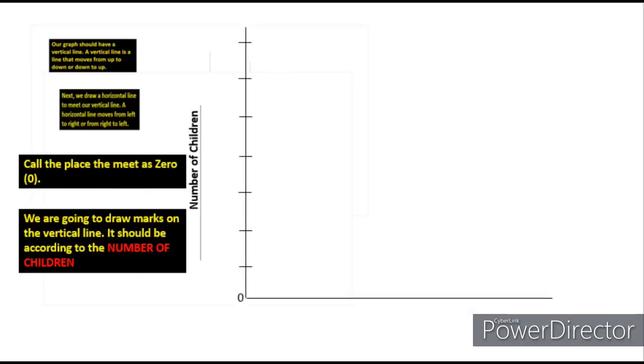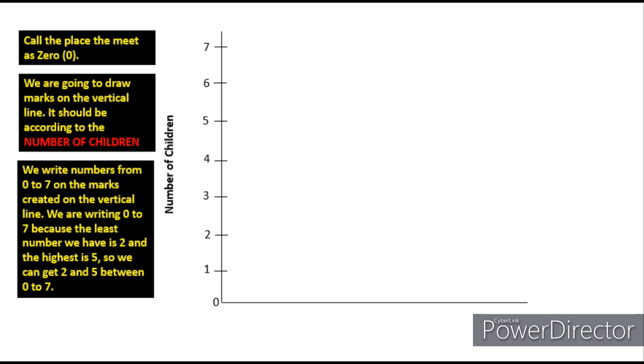Now why 7? Because when you are counting the numbers, you know that 0 to 7, so 0, 1, 2, 3, 4, 5, 6, 7.